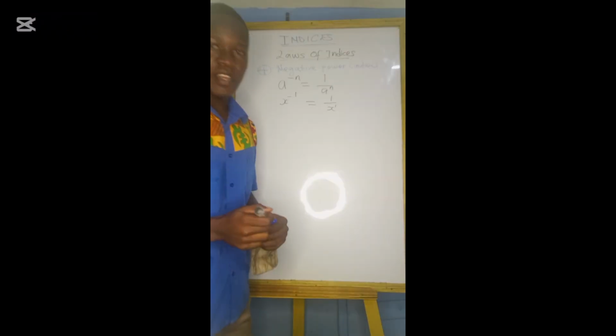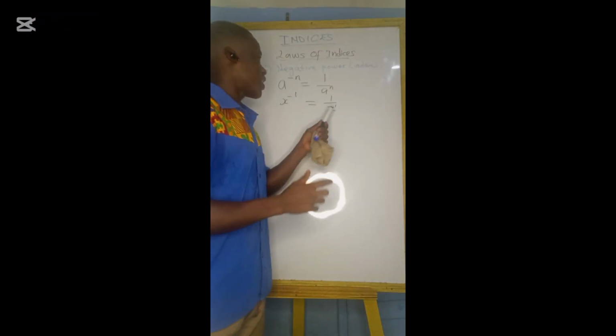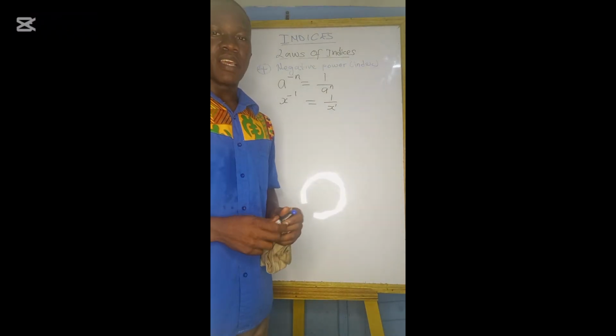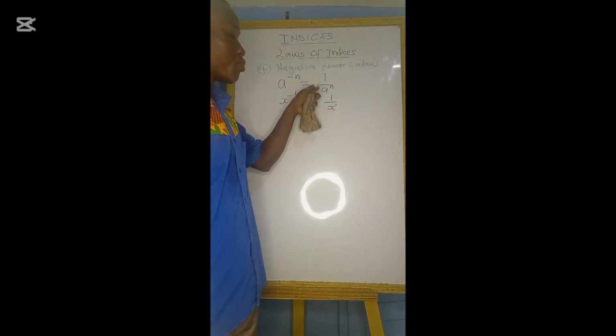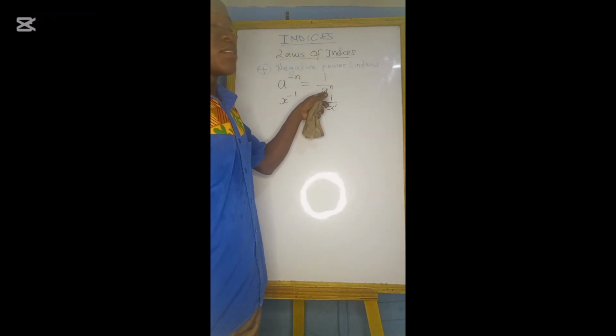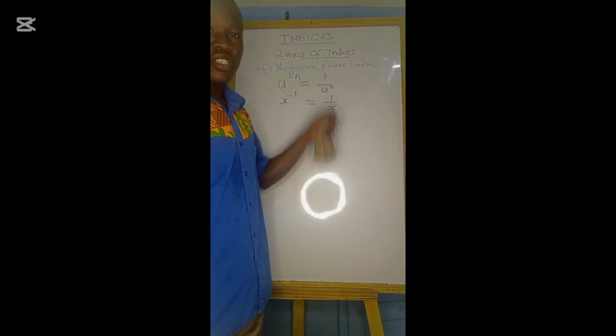Or if you prefer, write the 1, it doesn't matter. So that's the application of the fourth law, which is the negative index. It states that any base that has a negative index or power is equal to the reciprocal of that base with a positive power.